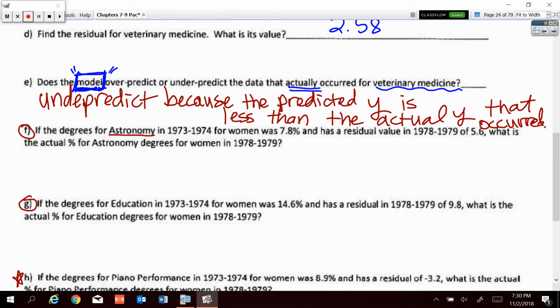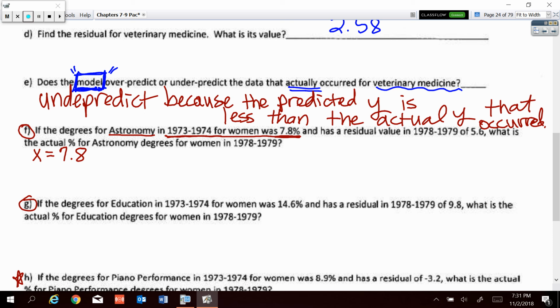First of all, astronomy is not even listed in the data whatsoever, so this is a new degree plan they are talking about. What variable is this 7.8 if it's talking about the 1973-74 data? Hopefully you realize that is the x value of 7.8.